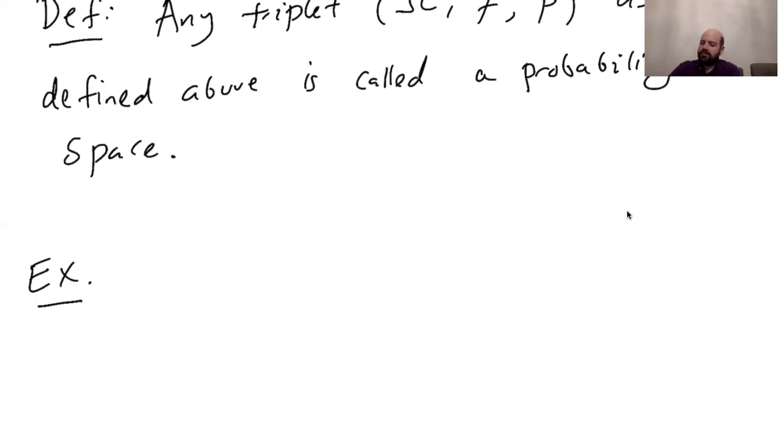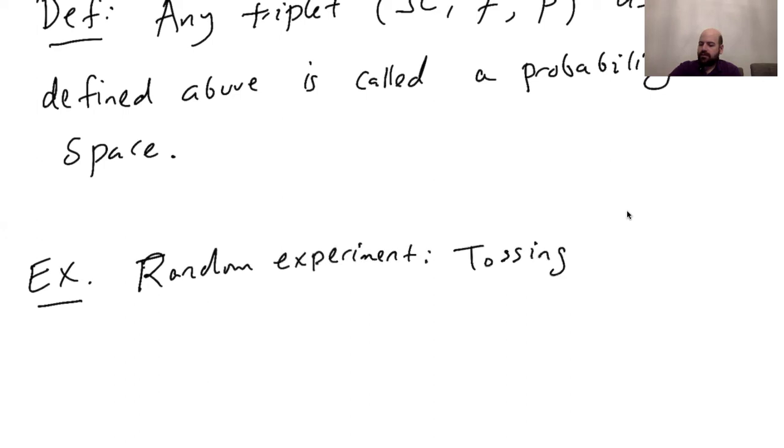Okay, so let's say the random experiment is tossing a coin 3 times.